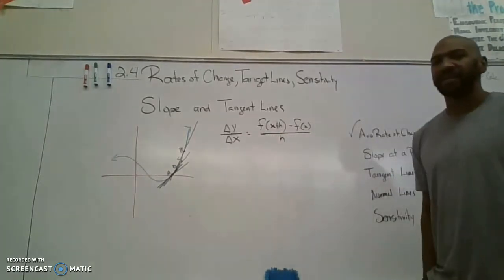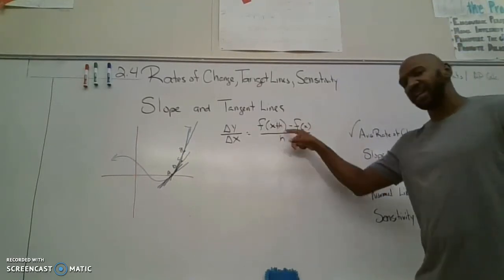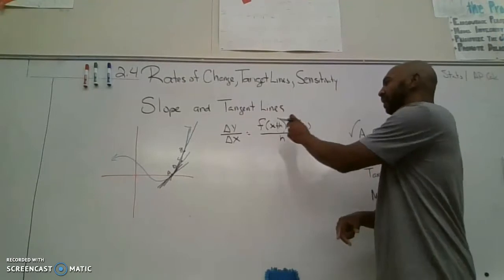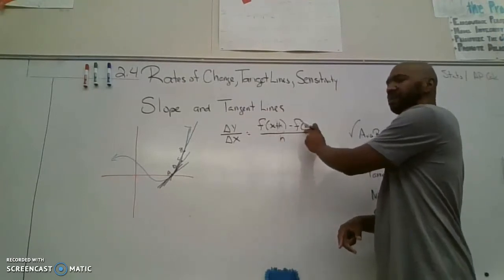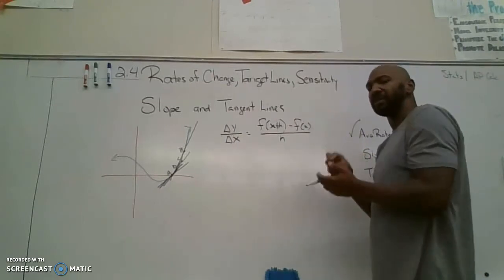Now, what we're trying to do is take that change, starting off at 3, down to 2, and then 1. We want to take that all the way to 0.